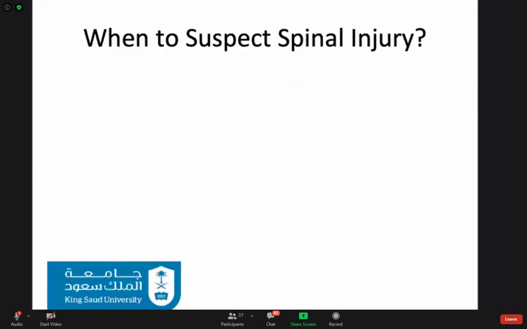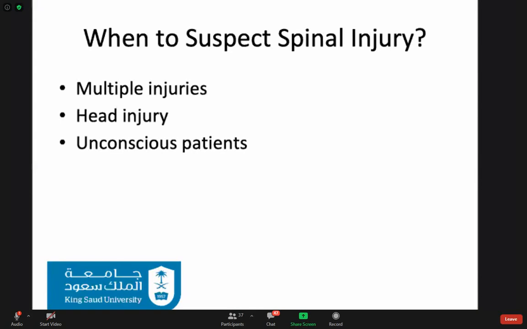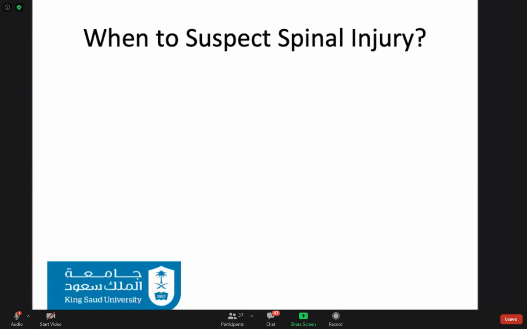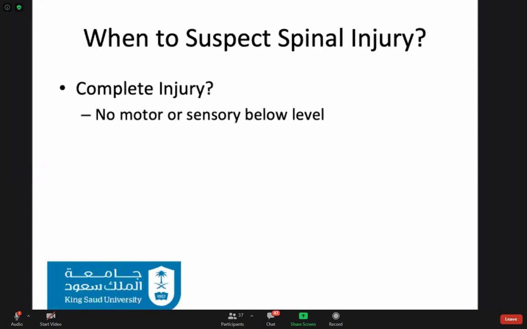When to suspect that a patient has a spinal injury: if the patient has multiple injuries, has a head injury, is a trauma patient who's unconscious, has focal neurological deficits, or has spinal tenderness. We have to differentiate between a complete and an incomplete injury.